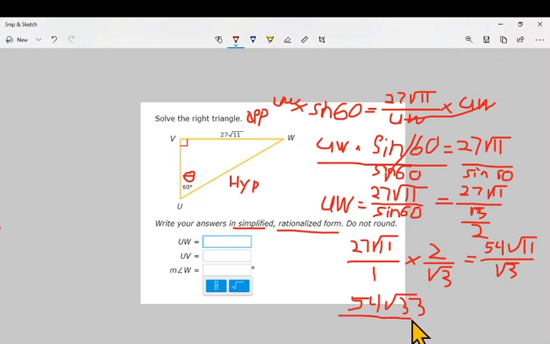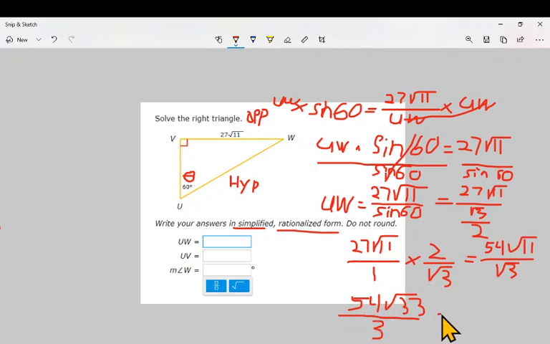All over. And then we have to multiply the bottom by our square root of 3 as well. So square root of 3 times another square root of 3 is going to be regular old 3. Right? And you can think of that as the square root of 3 times square root of 3 is square root of 9, and then square root of 9 is 3, or however else you want to think about it.